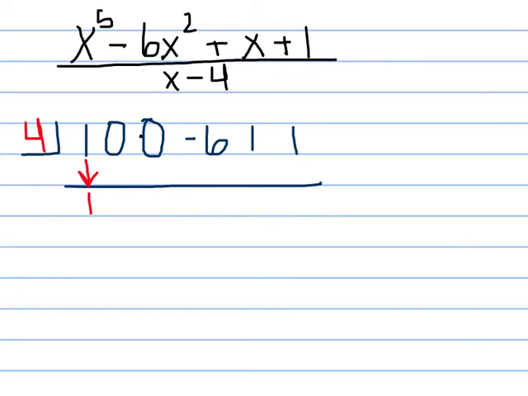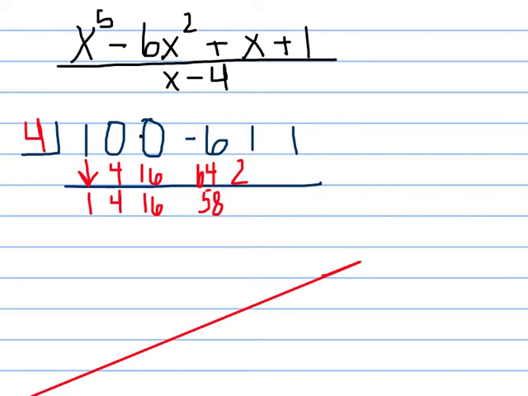Then let's bring our 1 down. 4 times 1 is 4. 0 plus 4 is 4. 4 times 4 is 16. 0 plus 16 is 16. 4 times 16 is 64. 64 plus negative 6, so 64 minus 6 would be 58. 4 times 58 would be, let's see, 4 times 50 is 200, 4 times 8 is 32, so 232.